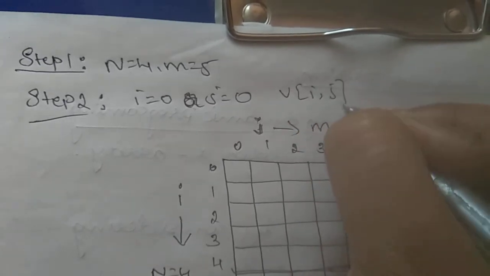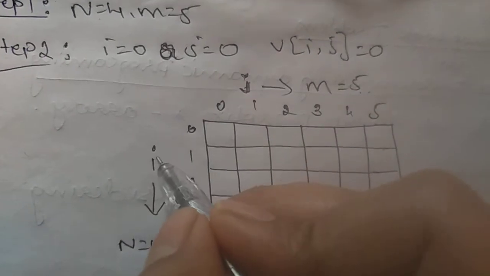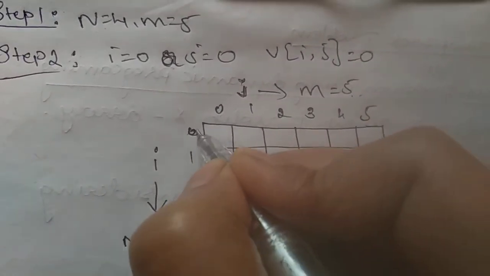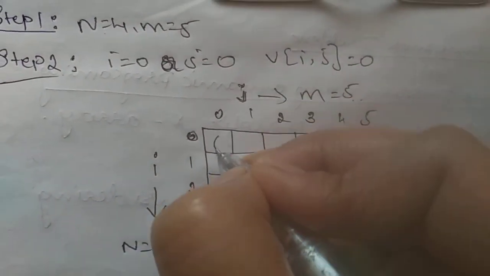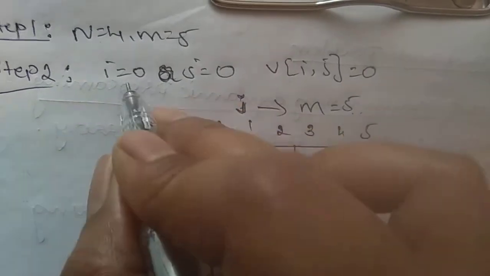V of i,j should be equal to 0. See here, if I come here, i equals 0, j is also equal to 0, so I'll put 0. i equals 0 and j equals 1, but if either one is 0, then it should be 0. So this is also 0.